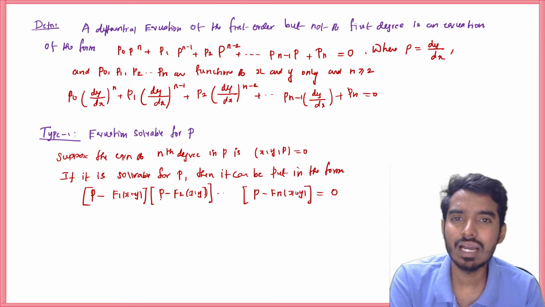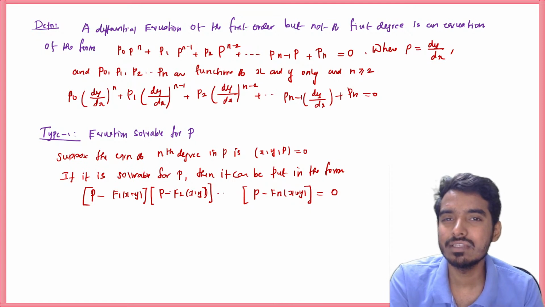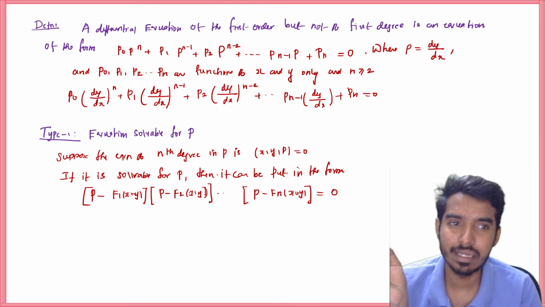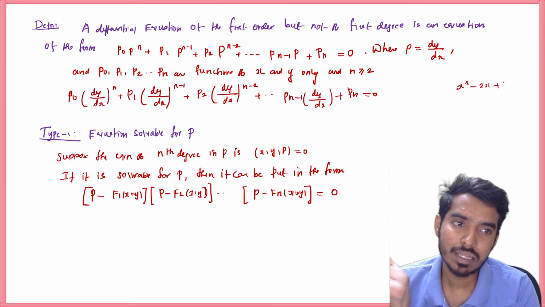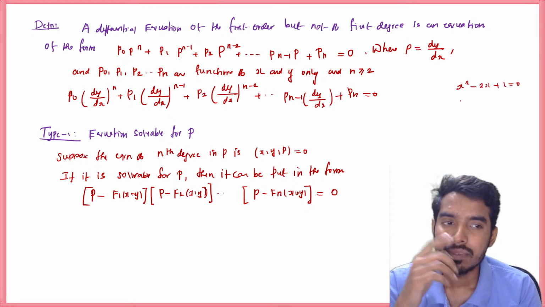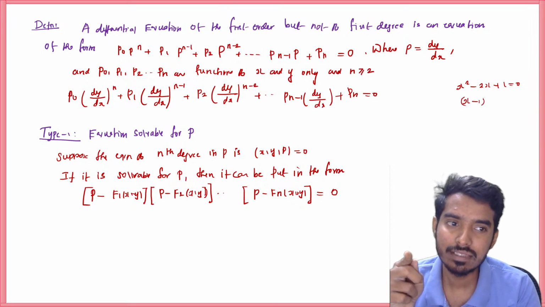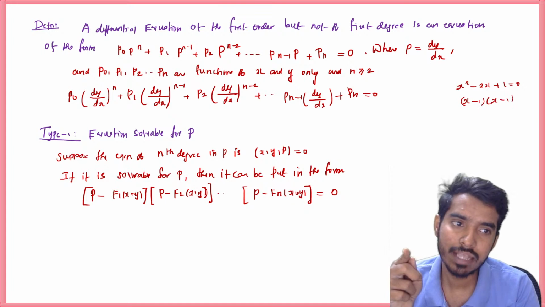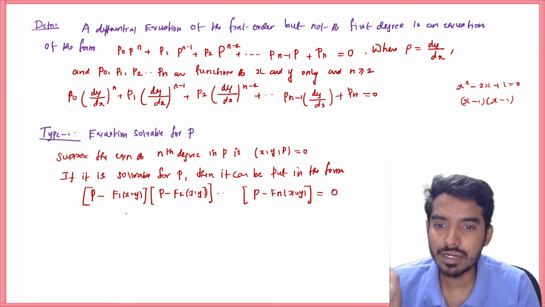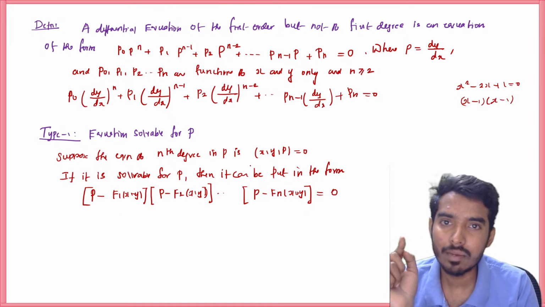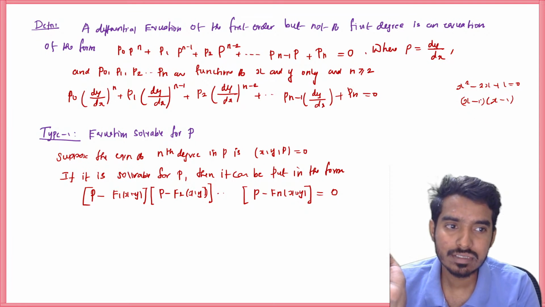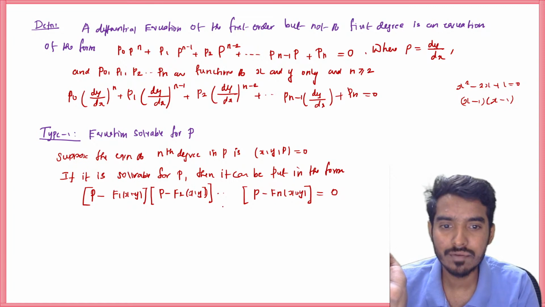Very simple. If it is solvable, you just have to compare this with, let us take some quadratic equation, x square minus 2x plus 1. It is solvable for x. That means we can write this as x minus 1 whole square, right? That is what we have written here. So this is solvable for p. So p minus some function of x y, p minus some function of x y.